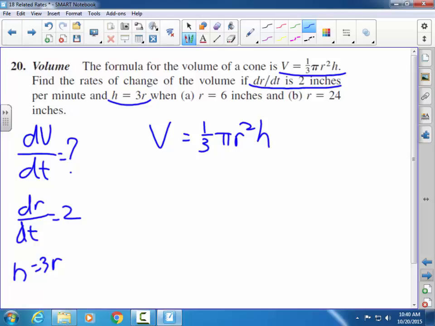What's the normal thing to do next? What did you do last night after you found your relationship? Take the derivative. What's the difficulty with taking the derivative of the right side? How are you going to take the derivative of the right side as it's written?